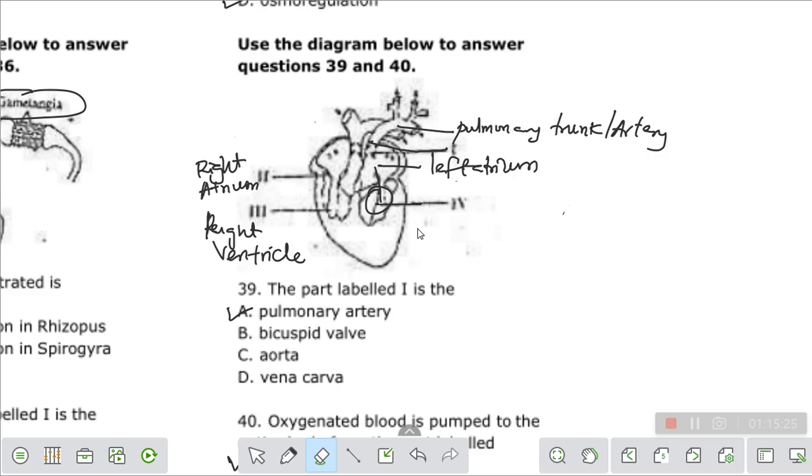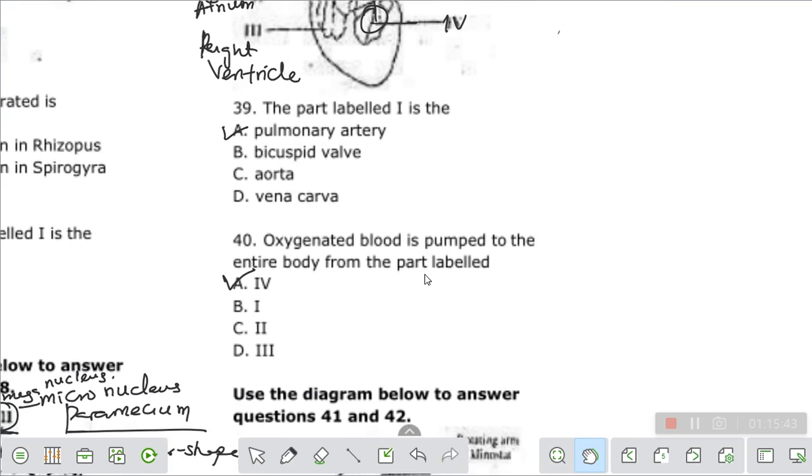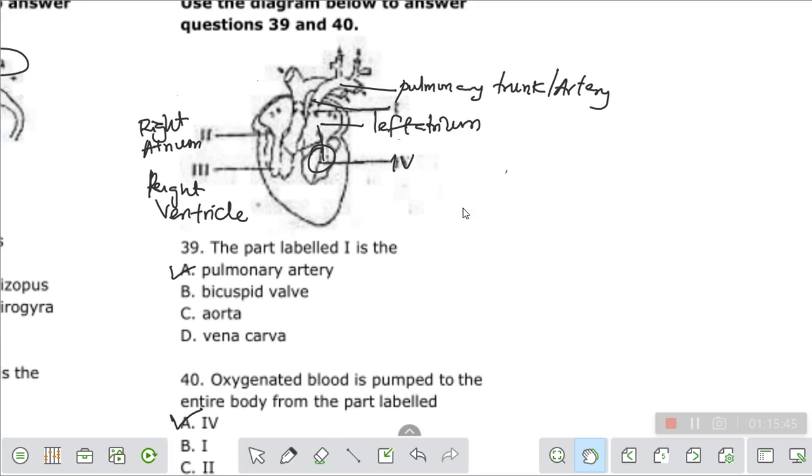So number 41. You can see that we are making use of clinostats. I talked about this experiment a little bit: when we are making use of clinostats in a particular tropism, geotropism has to do with gravity. Hydrotropism has to do with a response due to water.